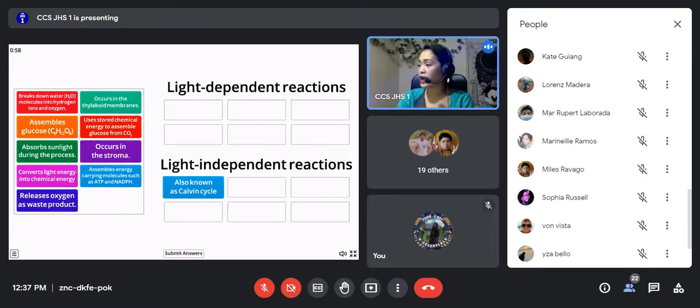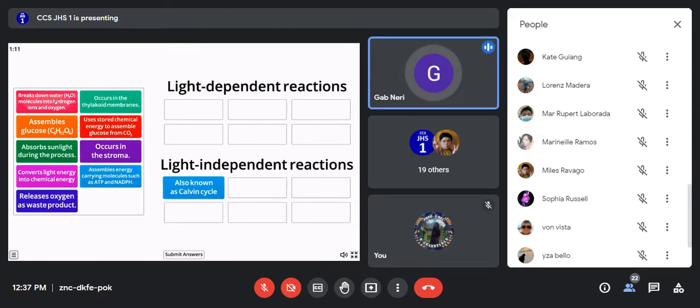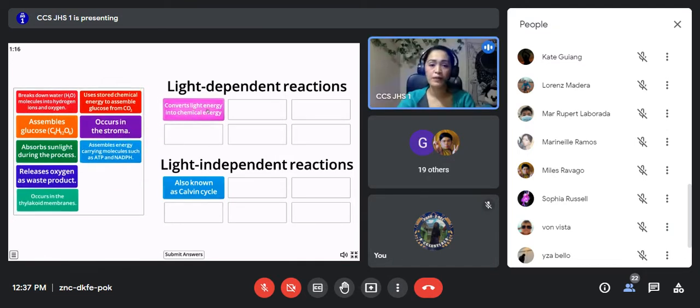Anybody else who wants to try? Simply raise your hand so that I can call your attention or recognize your name. Okay, aside from Miles. Yes, Gab. Okay, thank you. Converts light energy into chemical energy. Light dependent. This one. Okay, thank you, Gab.